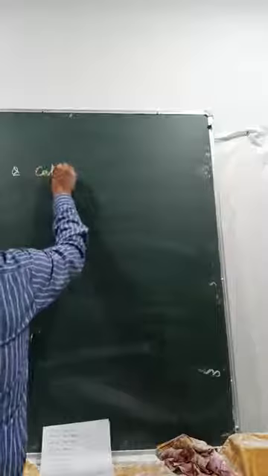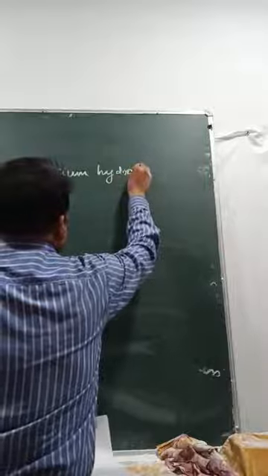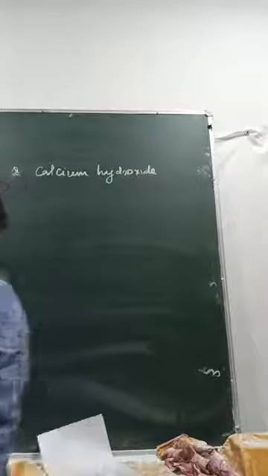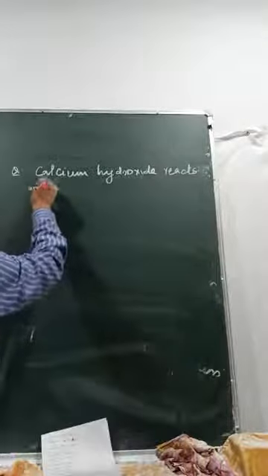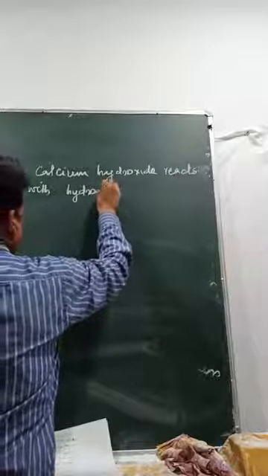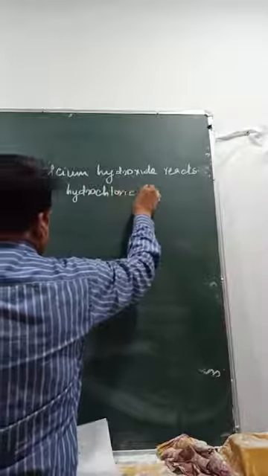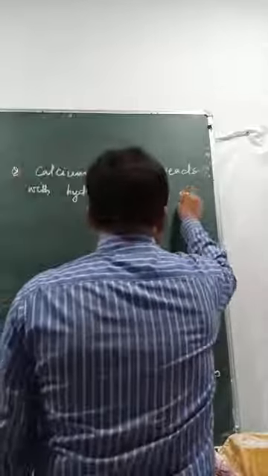Calcium hydroxide reacts with hydrochloric acid and gives calcium chloride and water.